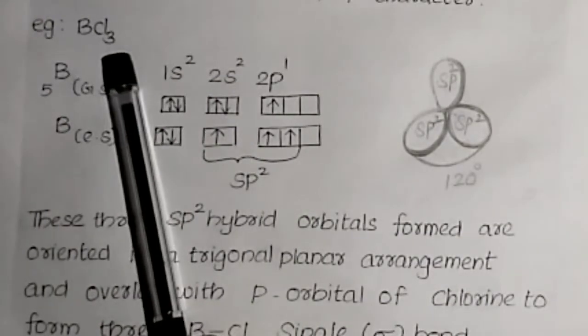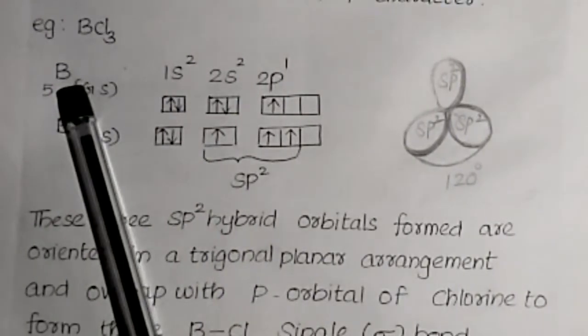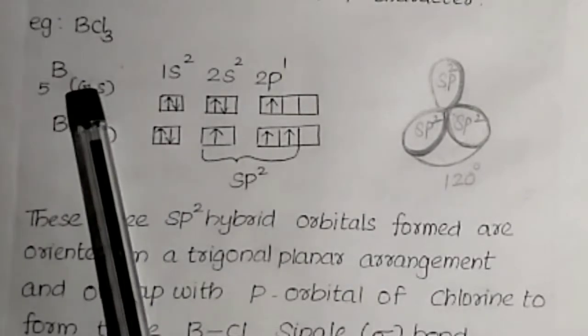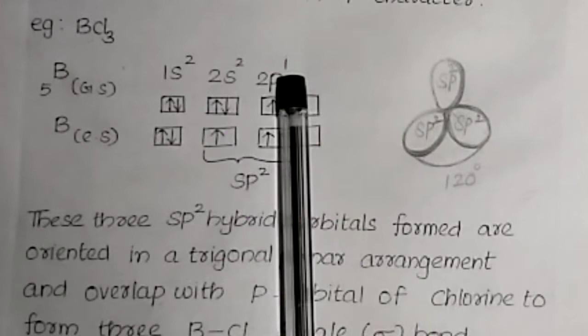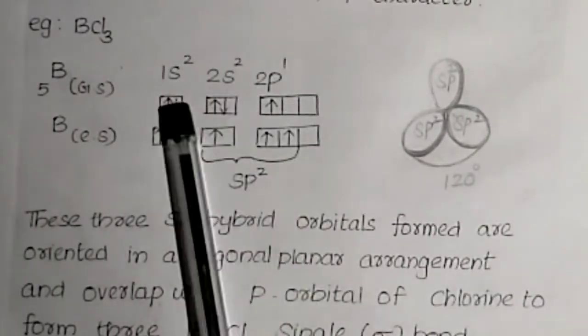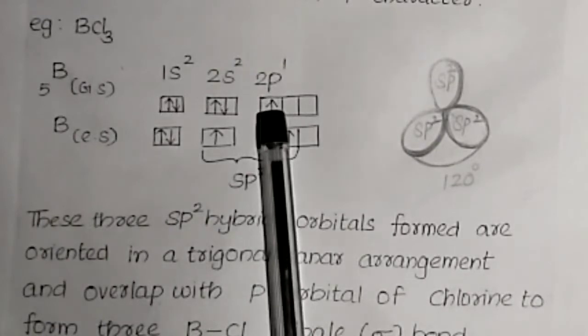Example, boron trichloride, BCl3. So first you should write the boron atom in the ground state, normal electronic configuration 1s2, 2s2, 2p1. Then the orbital diagram method is 1s2, 2s2, 2p, where only 1 electron is present.